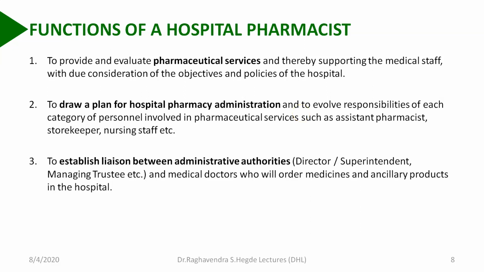Whatever it may be, whether related to orders, medicine supply, purchase, or billing, whatever is to be purchased, the quantities, the monetary benefits, all the things he will discuss with the higher teams, the director or superintendent, who is the chief of the hospital.